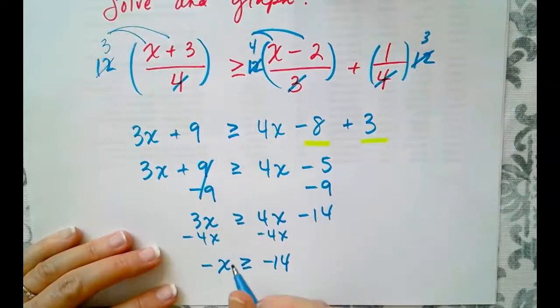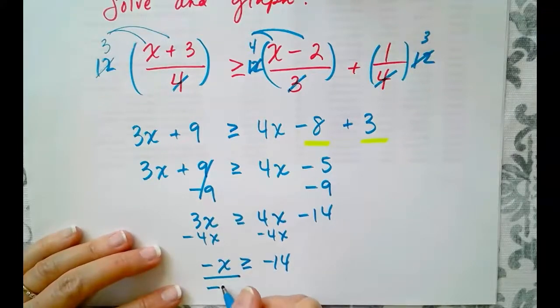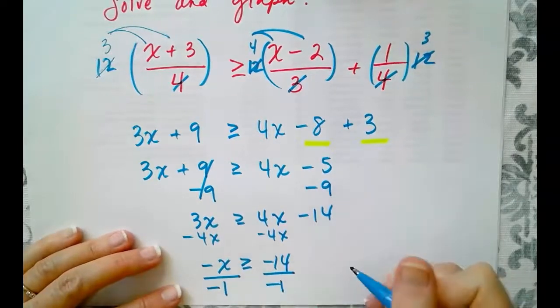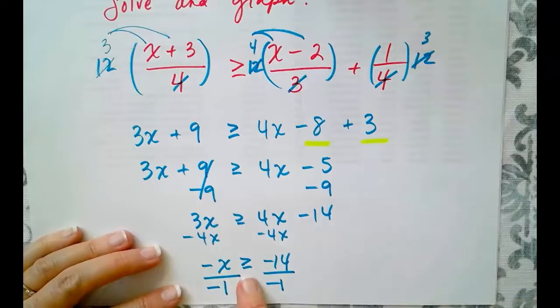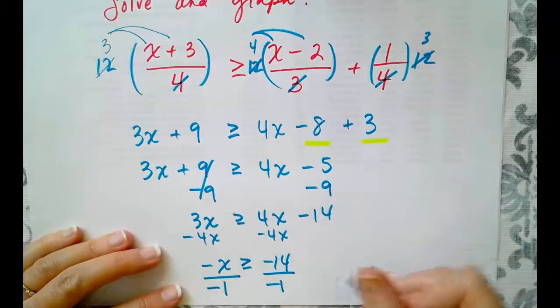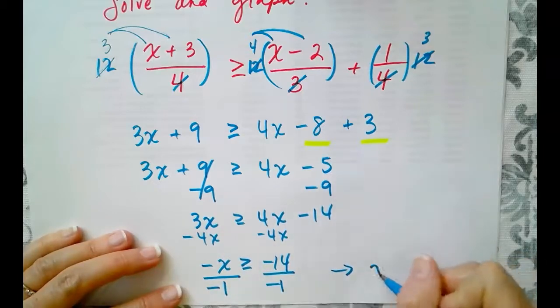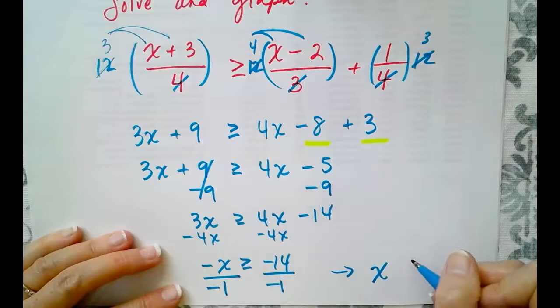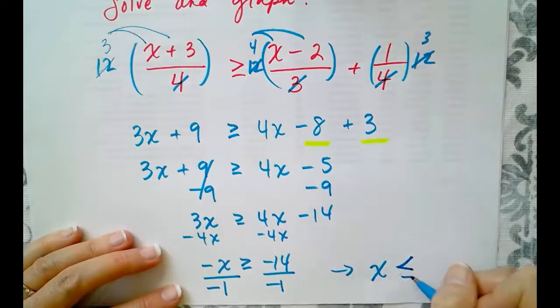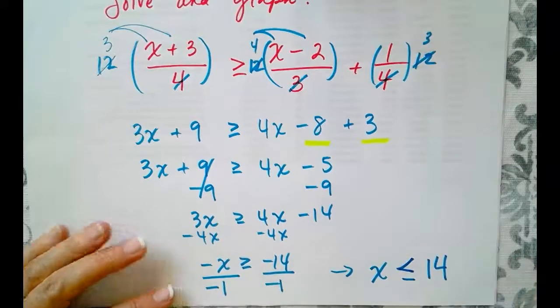And once again, we are dividing by a negative. And when we divide by a negative, we will flip the inequality sign. So moving to the right here, we get x is less than or equal to 14.